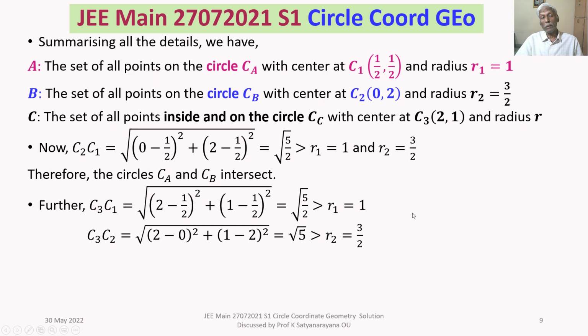So what does it mean? C3 lies outside both the circles CA and CB. These are the two properties we have seen here.